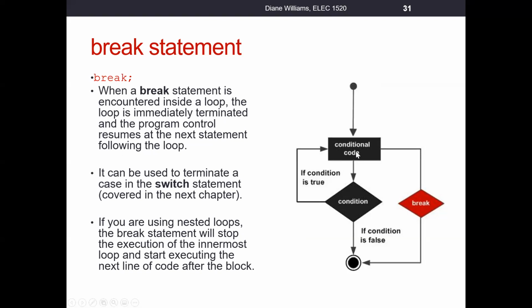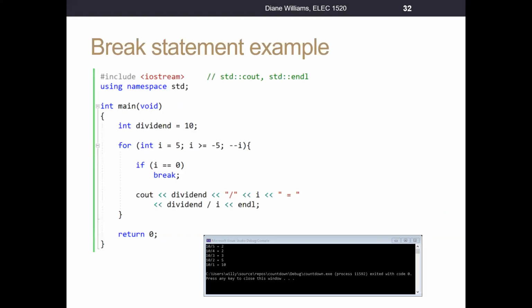This works for a while or for loop. But somewhere within this conditional code, there is another test checking to see if some condition is true. When that condition is true, we then break out of the loop. I think it's just easier to see from an example how we terminate out of the loop.